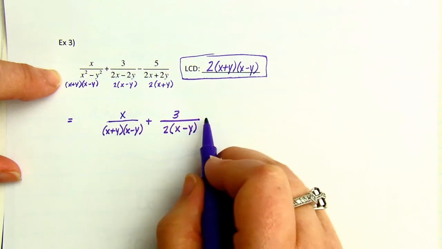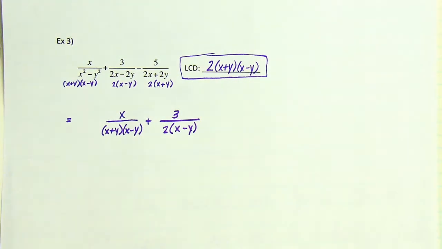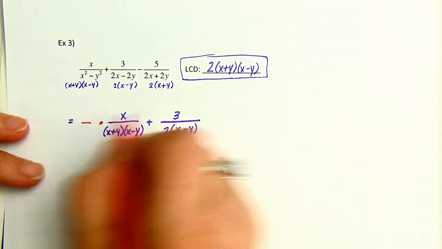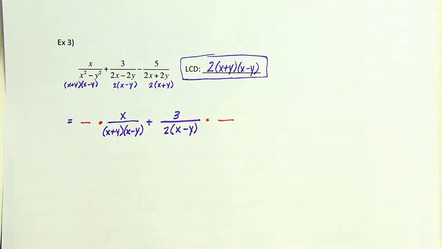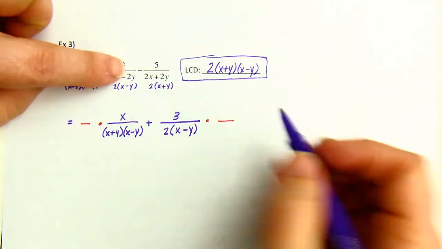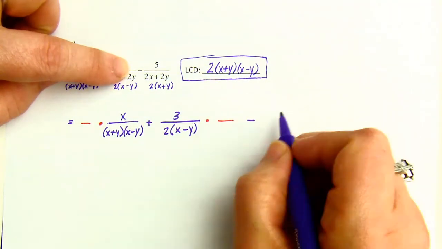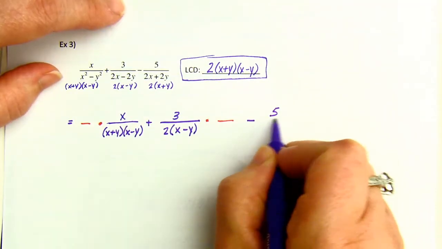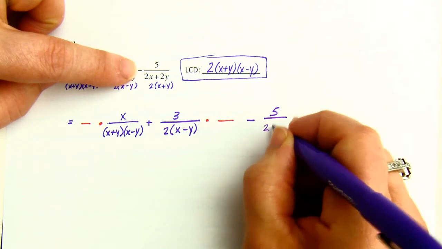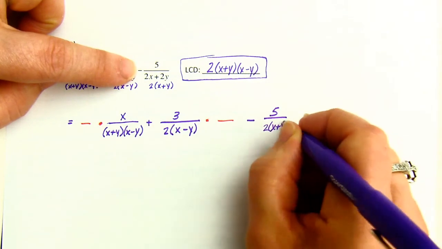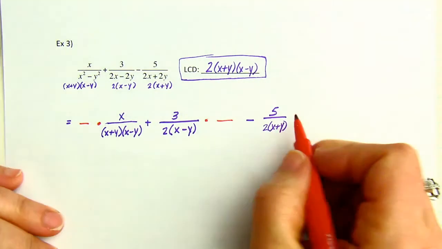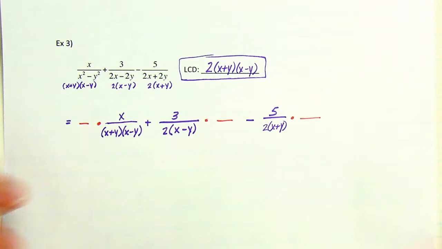I'm going to leave some space because I have to multiply by something, right? Do that if you want to. And then it's subtract, so make sure you're writing the proper sign: 5 over 2 times x plus y times some fraction to get the denominators to be the same.